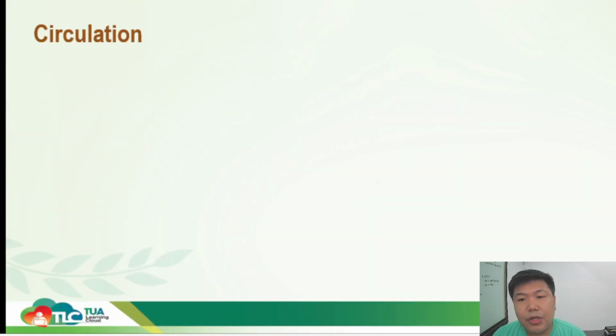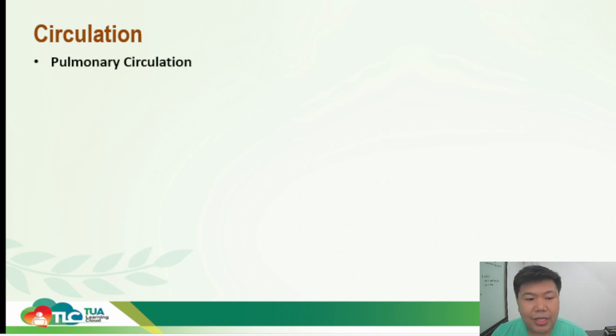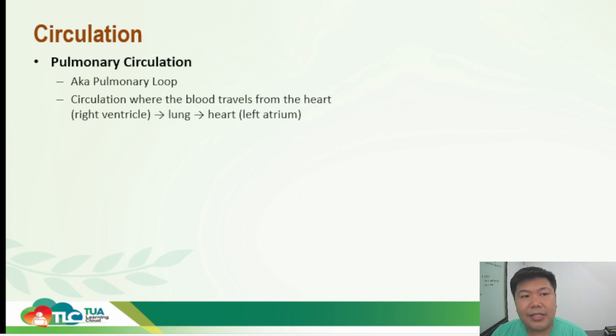So first, we have to know that there are two types of circulation present in the body. The first is pulmonary circulation, also called the pulmonary loop. Basically, the pulmonary circulation is the blood flow from the heart going to the lungs and back.